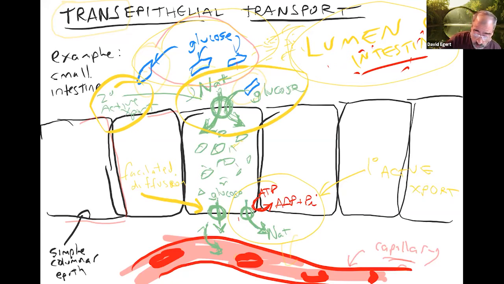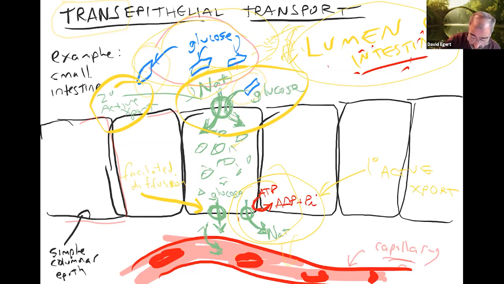The reason this can work is because we set up a sodium gradient, because we have an active transport where we're always pumping sodium out of the cell. So we're always keeping the concentration of sodium very low in the cell, so sodium wants to come in. That's why this secondary active transport is working in the first place.